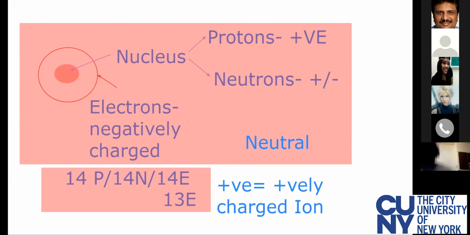Now you can ask me, why don't we include electrons also? Even if included, electrons don't really increase the mass because the mass of an electron is very minimal. So atomic mass refers to protons plus neutrons. And what is an atomic number? Atomic number refers to only the number of protons. So let me just write this.